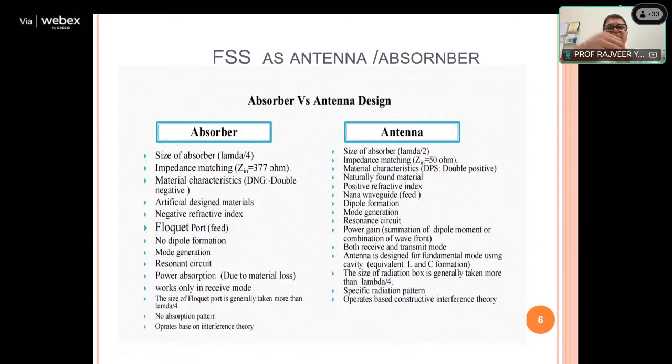Now, as far as the antenna is concerned, they are used in dipole formation mode. Impedance is 50 ohm. The size in wavelength is lambda by 2. The material is DPS, double positive, positive refractive index, waveguide feed, resonant mode generation.